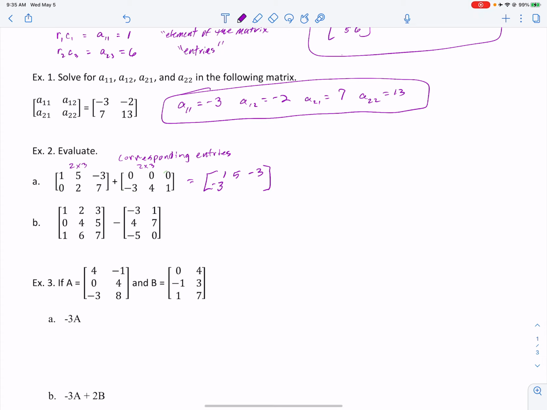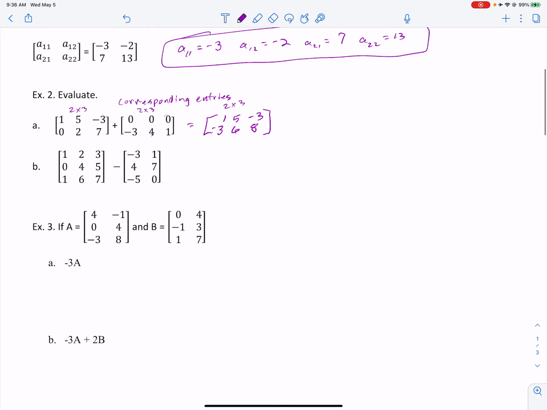Then you're going to move and add the 2 and the 4, which you have 6. And then lastly, add the 7 and the 1, and you have 8. So you're adding corresponding entries. And so when you're adding, you're going to end up with the same size matrix as you start of each of the ones you were adding. So you end up with a 2 by 3 matrix.